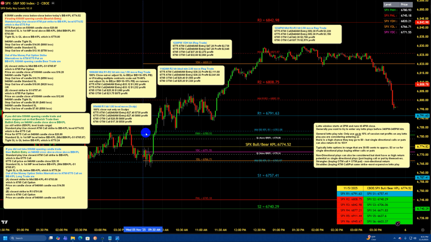Now, you're still using the same stop loss, and in each one of these, as we're hitting targets up here, you'll see that we have outlined. The first line is going to be if you just had this as your first trade. This line is going to be if you were stopped out on the first bearish trade and then entered from that loss into the new trade off of the close of the 9:48 candle.